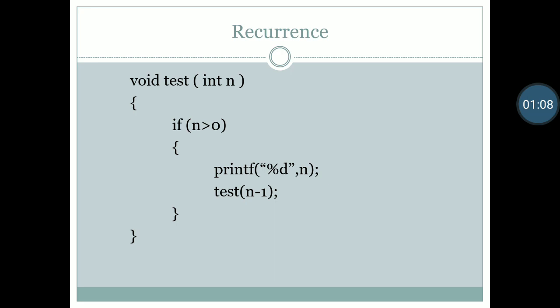If n is greater than 0, then we print n and again call the test function. So here the test function is calling itself, so recursion happens here. This type of function is called a recursive function, and that process is recurrence.